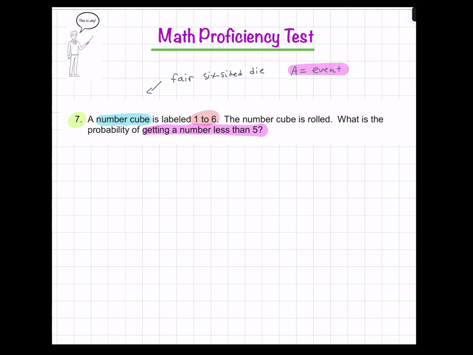If that is my event A, then the probability of that event, we call this P of A, is the number of ways for the event to occur over the total number of things that can happen.